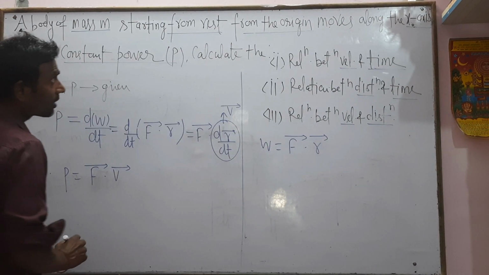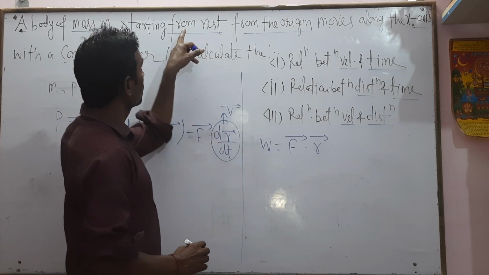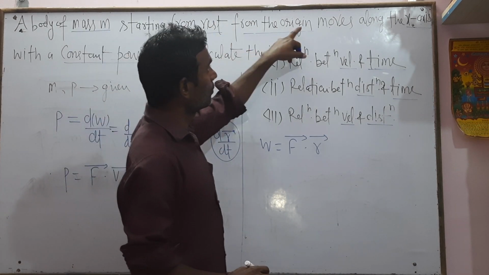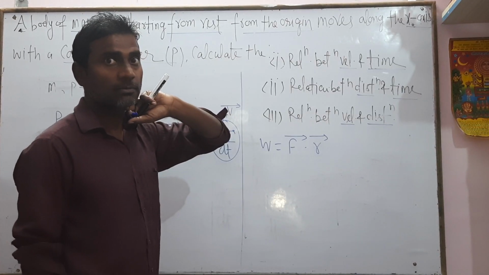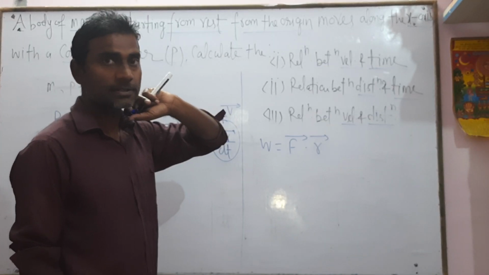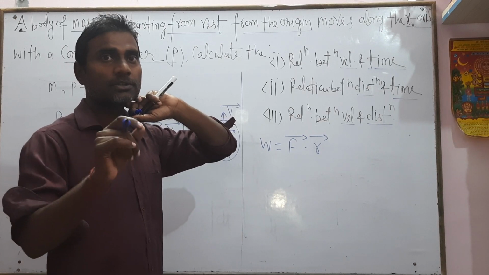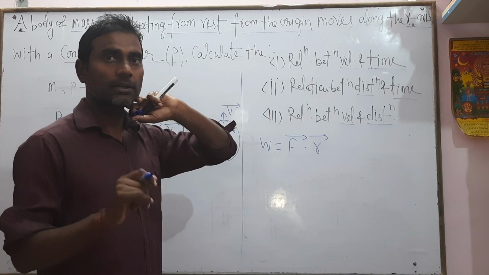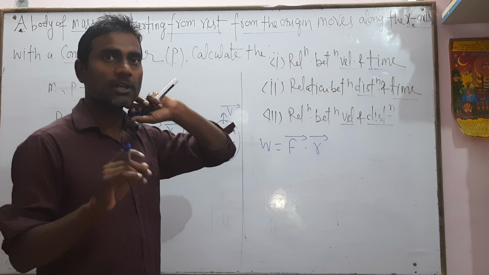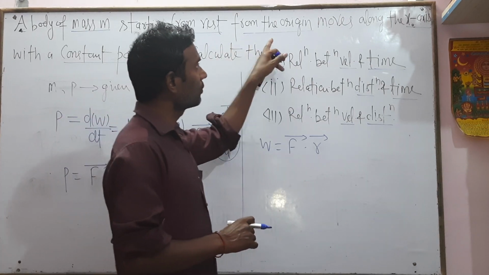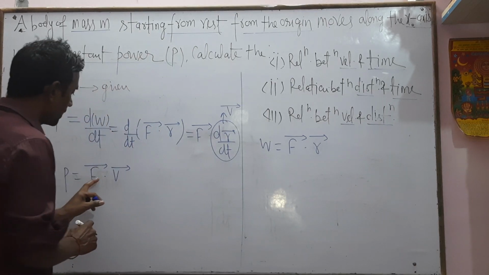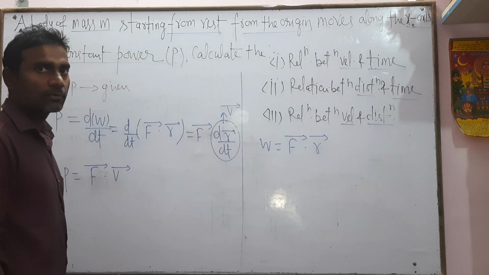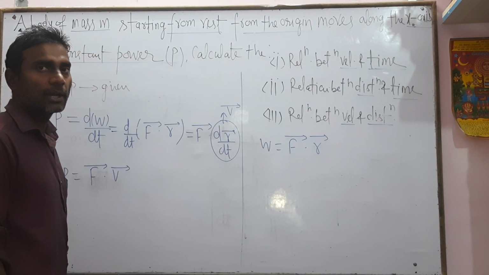In this question, the body starts from rest and from the origin and moves along the plus x-axis. So force and velocity will be parallel, not anti-parallel. We are assuming that force and velocity are parallel. So a dot b equals mod a mod b cos theta, where theta is the angle between F and v.